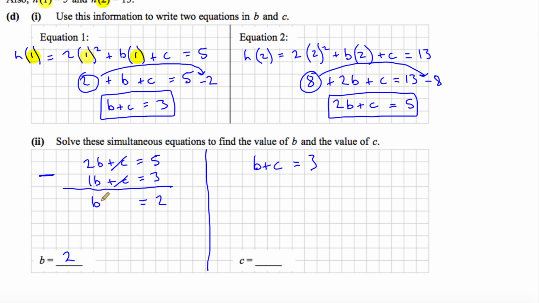And I'm going to substitute the b value of 2 in here. So that's 2 plus c is equal to 3. Well, if 2 plus c is 3, c must be the number 1. So there's my c value of 1. And that is the end of question 11.